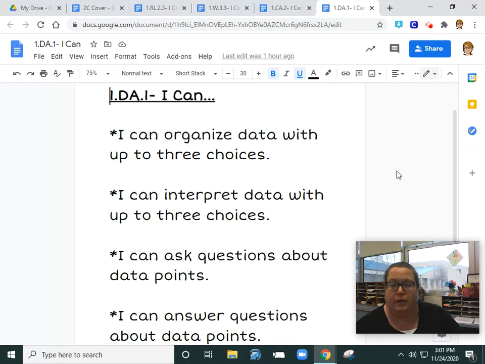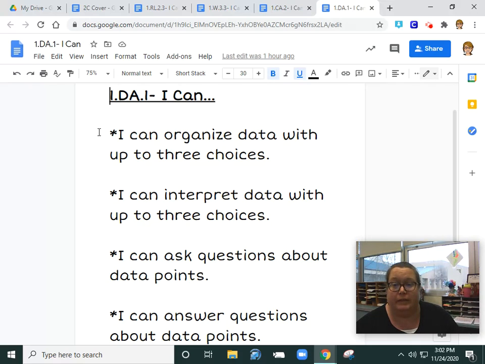And one other math standard we're going to focus on is all about graphs and data. It's 1DA1, and it says I can organize data with up to 3 choices. We will talk about what data is, what it means to organize data, how to put it into a graph, and we're going to use different kinds of graphs.